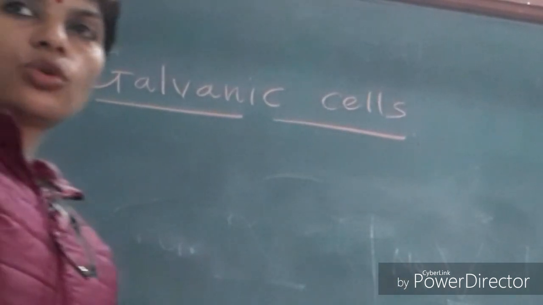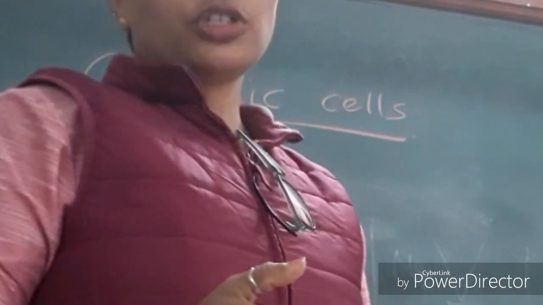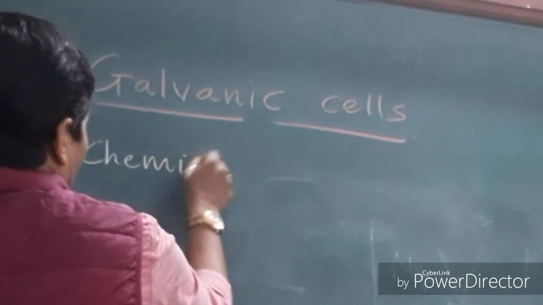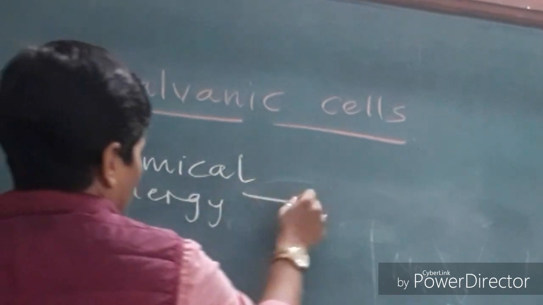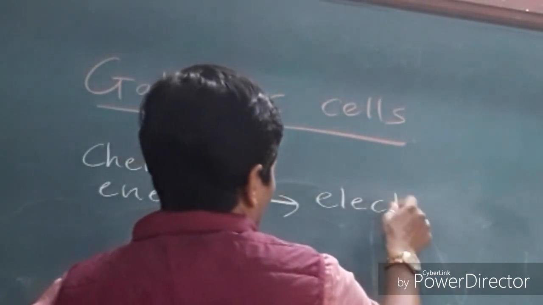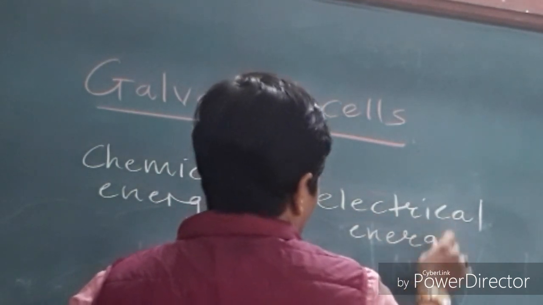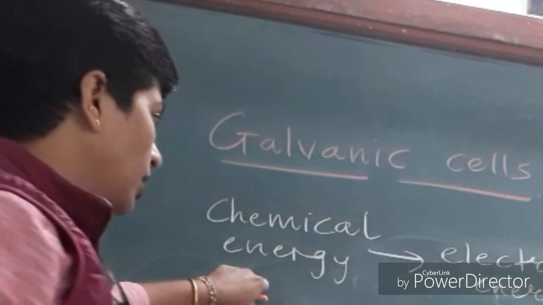So galvanic cells are those cells which are going to convert the chemical energy into electrical energy. So that's the first thing, that they will convert the chemical energy into electrical energy.